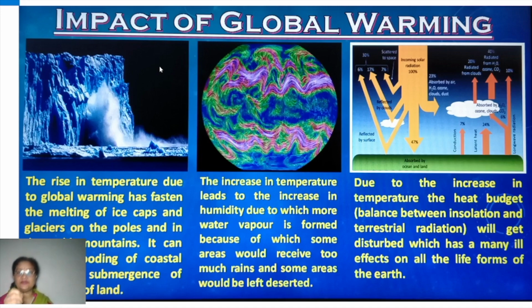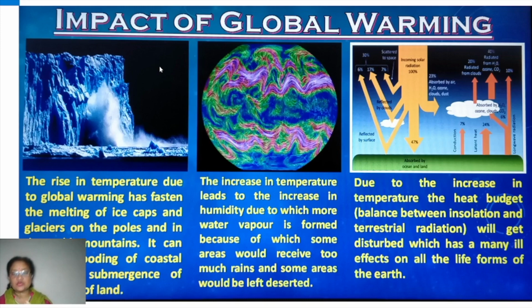Direct impact can be seen in those areas which are at a low level from the mean sea level, the places which have less height, especially in the coastal areas. Many important cities in the entire world at present are on the coastal areas.